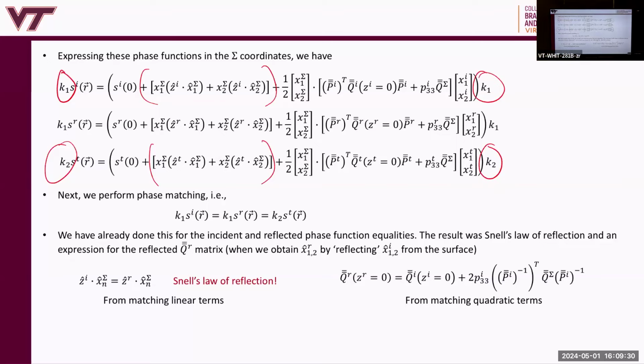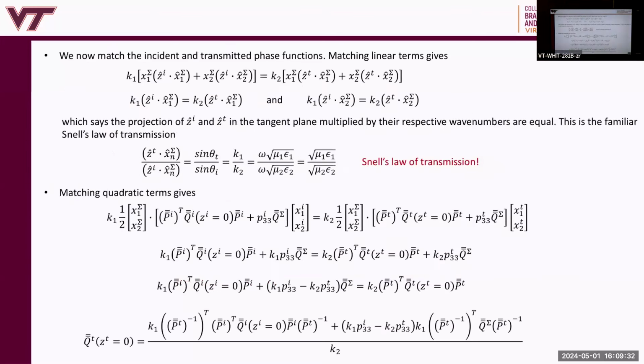So we have this for the incident equal to this for the transmitted, and we can rewrite that in the sigma 1 coordinates as Z incident dotted with X1 sigma, multiplying X1 sigma. On the right-hand side of the equality, we have X1 sigma multiplying Z transmitted dotted with X1 sigma. So we get this equality from the X1 sigma coordinate, and we get this equality from the X2 sigma coordinate, all right?